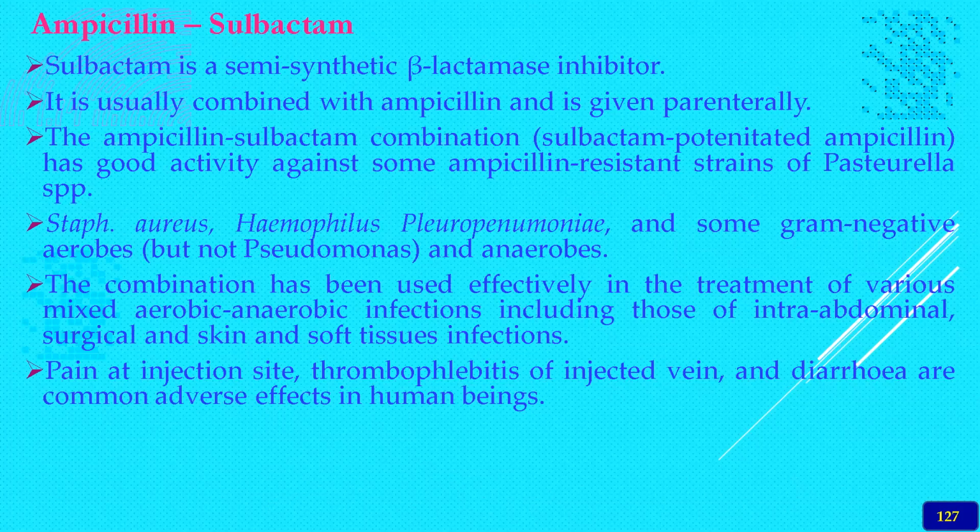The ampicillin-sulbactam combination has good activity against some ampicillin-resistant strains of Pasteurella species, which cause HS, especially in cattle. The combination has been used effectively in the treatment of mixed aerobic and anaerobic infections, including intra-abdominal, surgical, and skin and soft tissue infections, especially after surgery.